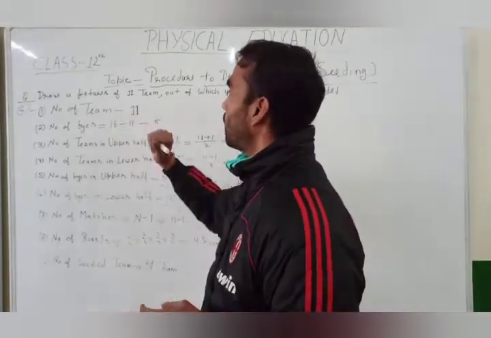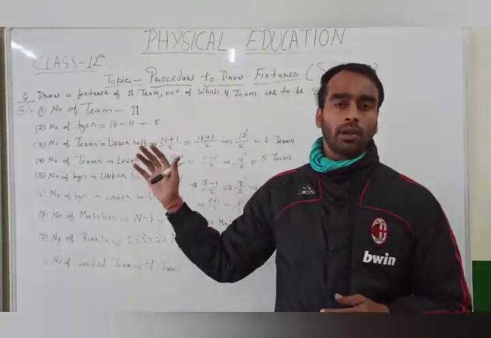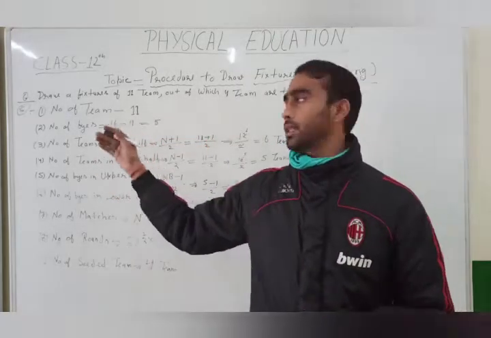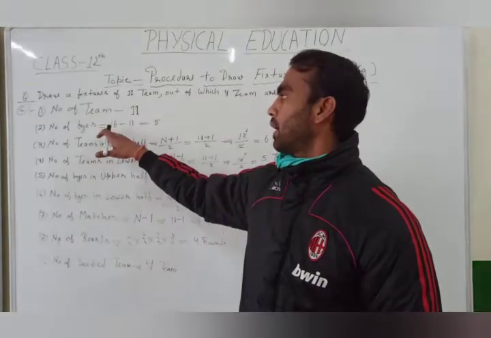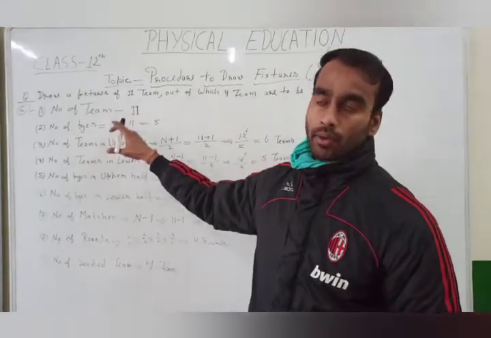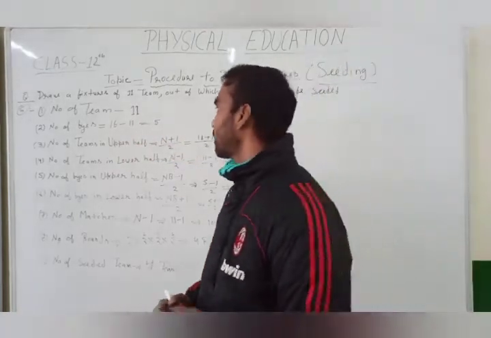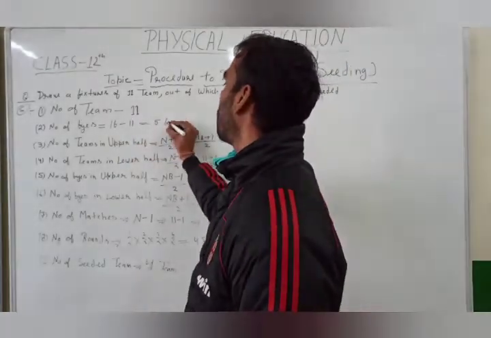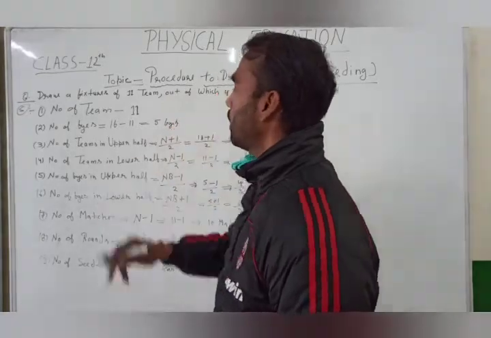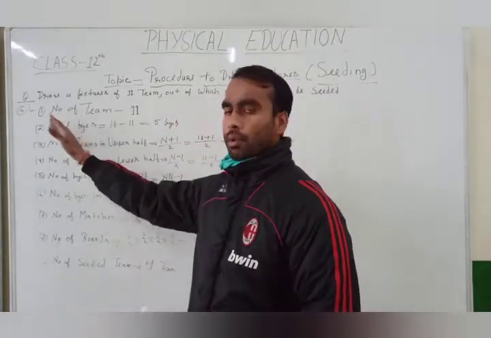So there are 11 teams and the next largest power of 2 above 11 is 16. That's why we write 16. So 16 minus 11 is equal to 5. So the total number of byes is 5. Okay, so this is step number 2.